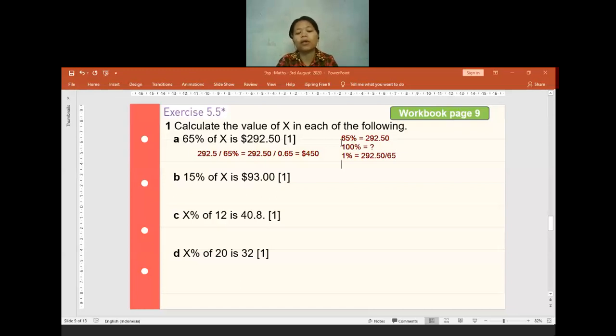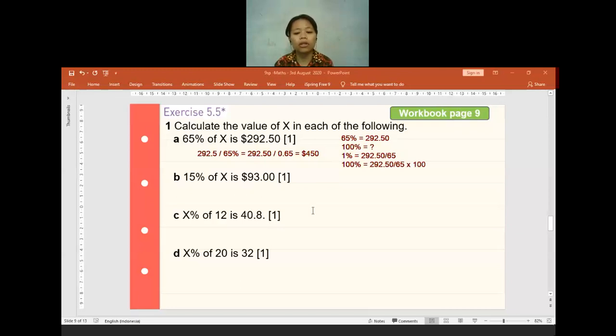Later, to find the 100%, we just need to multiply the result by 100. Or we can directly divide the value given by the percentage given. It will also give the same answer.